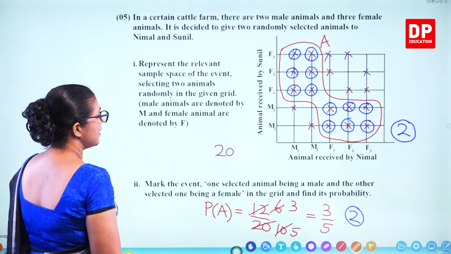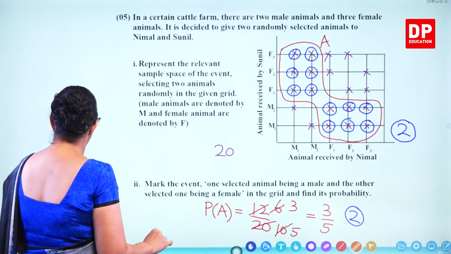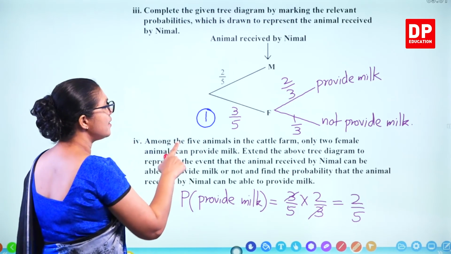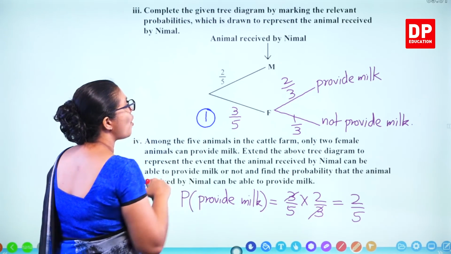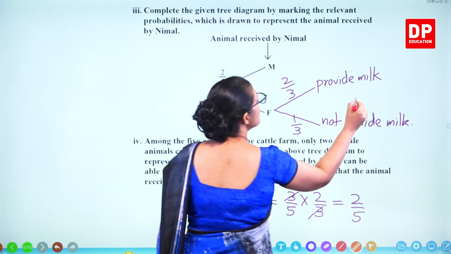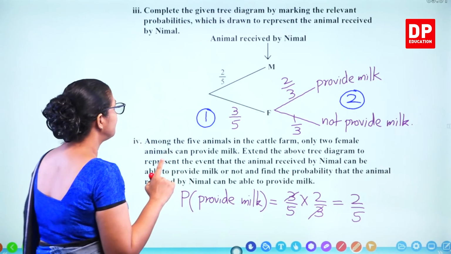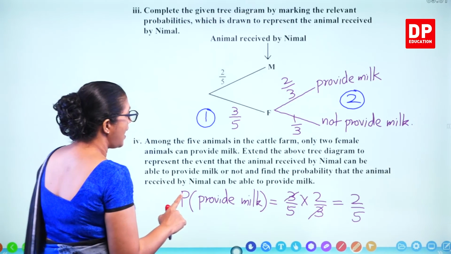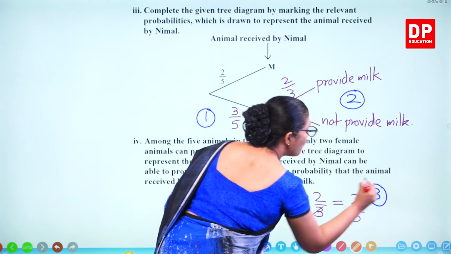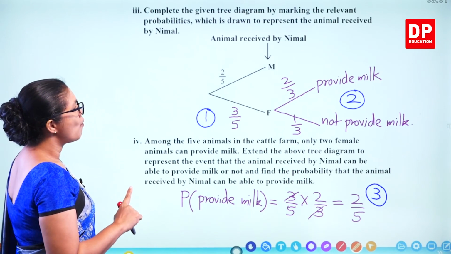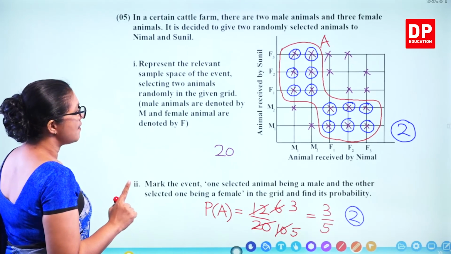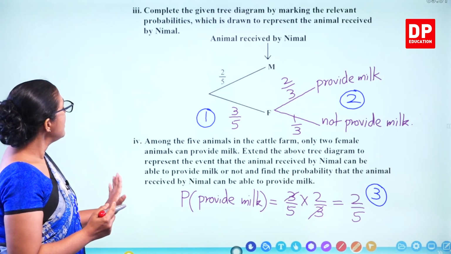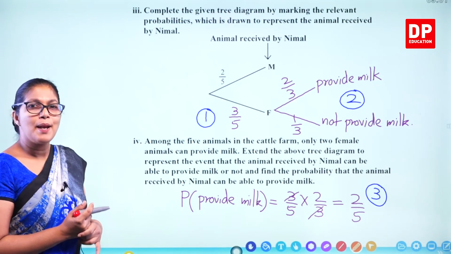So you can give here 1 mark, here for writing down the probability, and 2 marks for this one, 2, 3, 4, 5, 6, 7, and 3 marks for finding the probability. 3, 4, 5, 6, 7, 8, 9, 10. So altogether 10 marks. So this is the last question in paper 1.